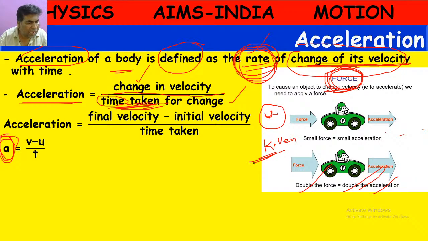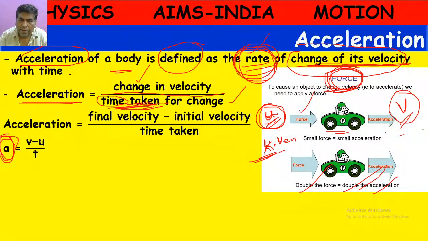The letter before the name is called the initial. In the same way, u stands for initial velocity. Before applying a force, whatever velocity the car is having is called initial velocity. After the force, velocity will change. Let it be V.